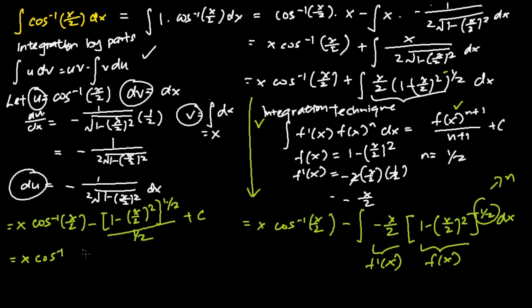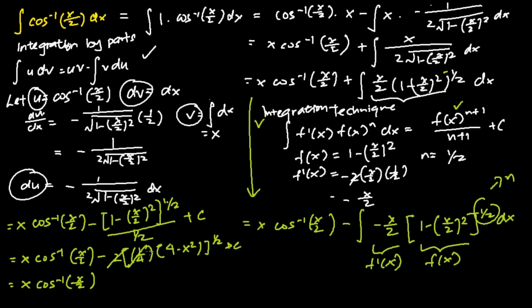And next I will simplify the second term, so I get 2 times, and then I will factorize 1/4 within the square bracket, so that will be 1/4 times 4 minus x squared to the power of half plus c. And if I were to take the 1/4 out of the square bracket, I get half. Multiplying by 2 just gives me 1, in which this will disappear.